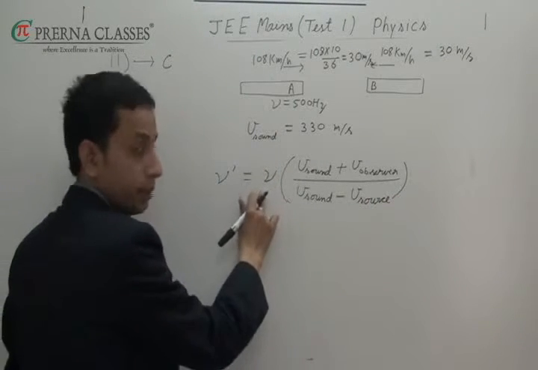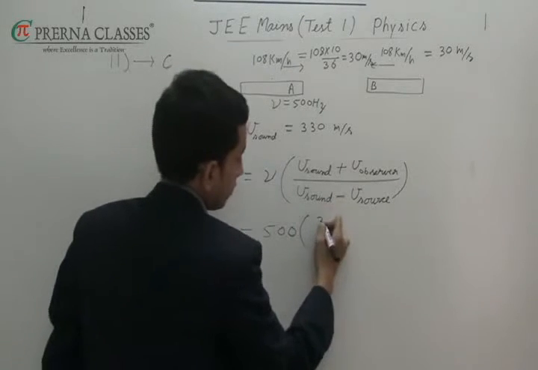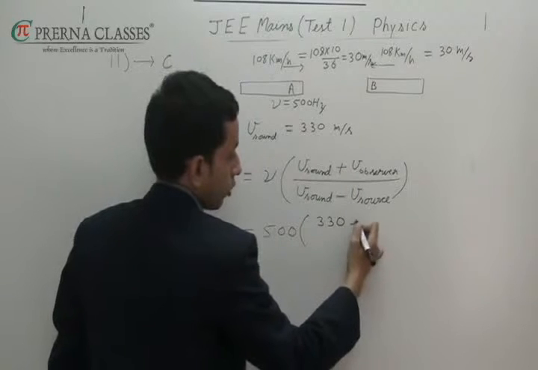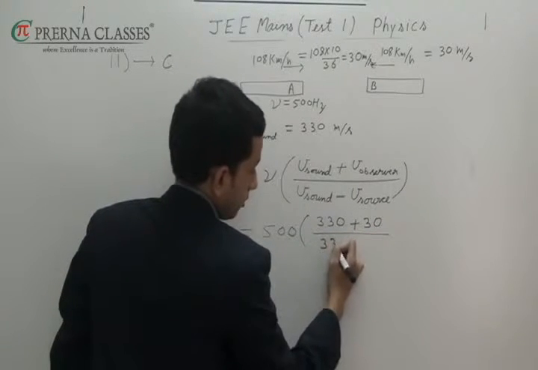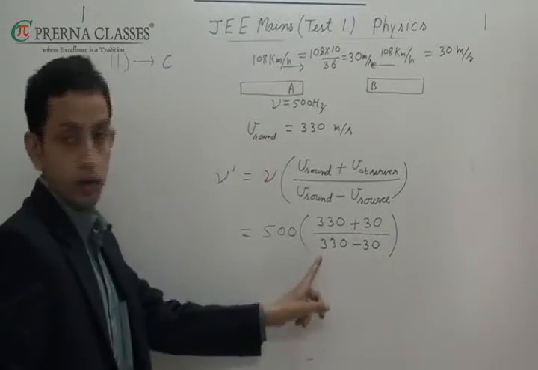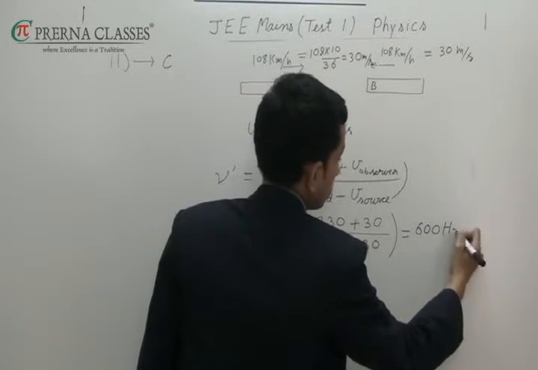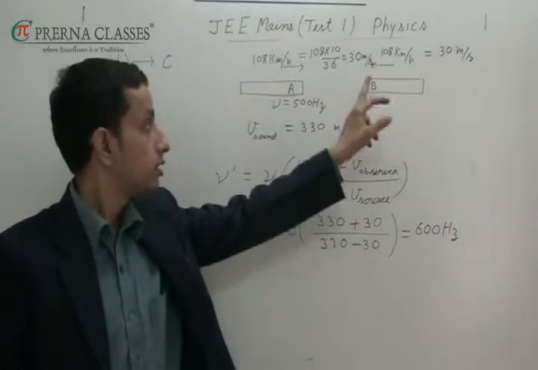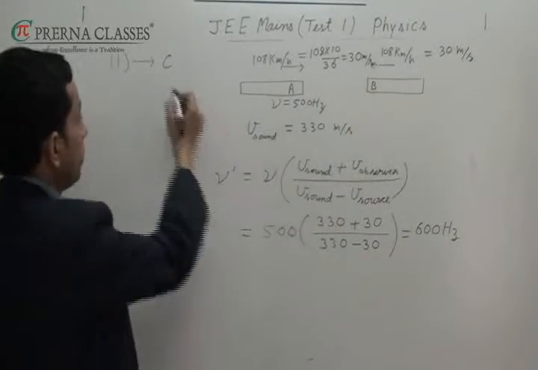Now the frequency emitted is 500 and the speed of sound is given as 330, and velocity of observer is 30, and finally we are going to get 600 Hz. This will be the apparent frequency heard by the observer in train B. So our answer will be option C.